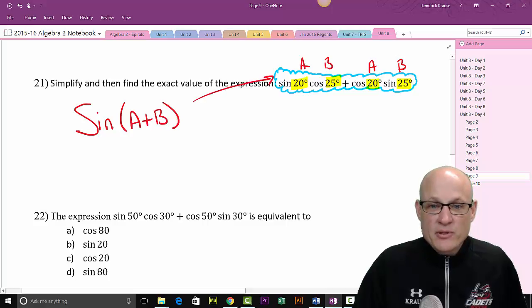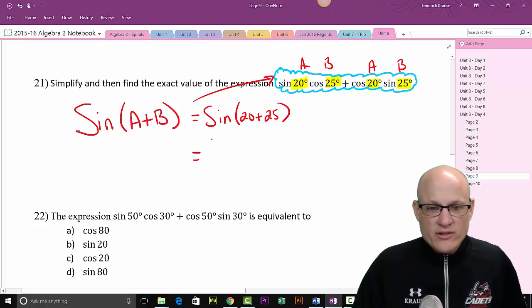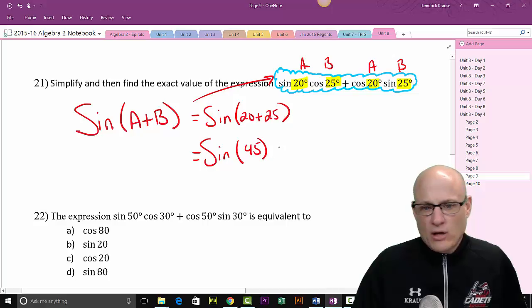Well, what is A? Well, A is 20 and B is 25. Oh, okay. Well, that's really just the sine of 45. Well, sine of 45 is square root of 2 over 2.